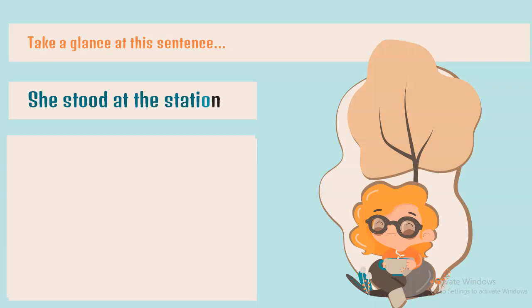Alright, now observe this sentence very carefully. She stood at the station for an hour. Now try to find out if you can answer verb plus what here or verb plus whom here. Can you do it?